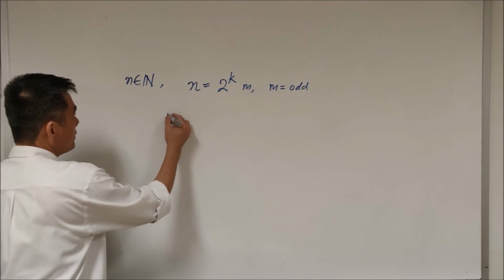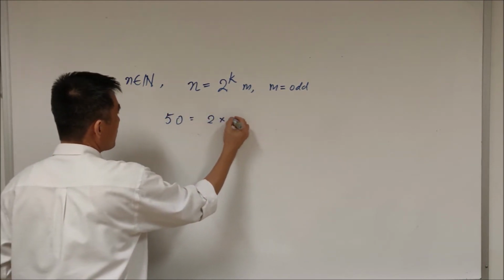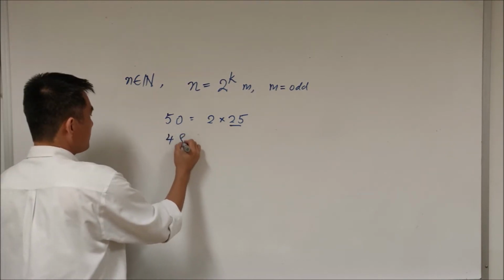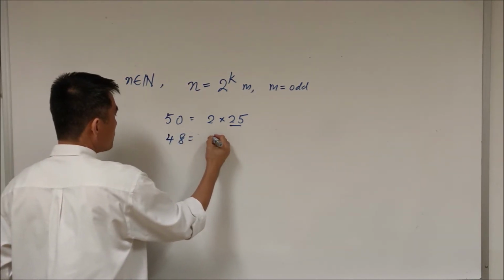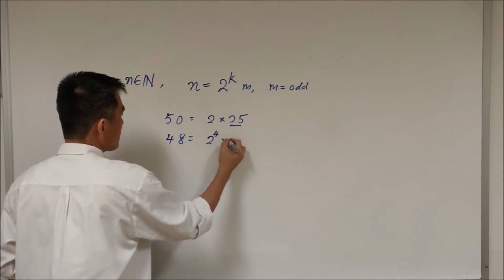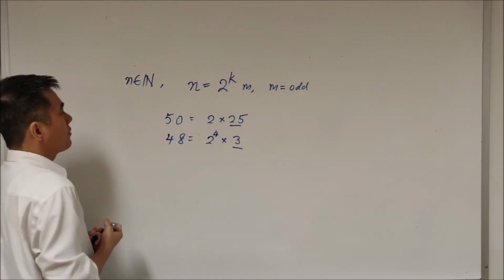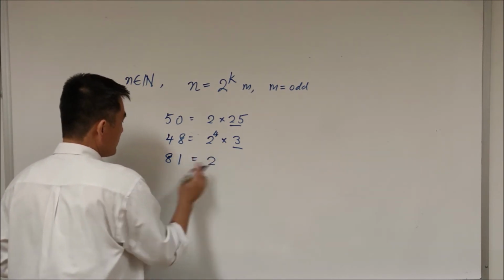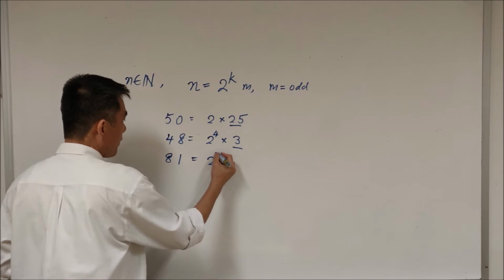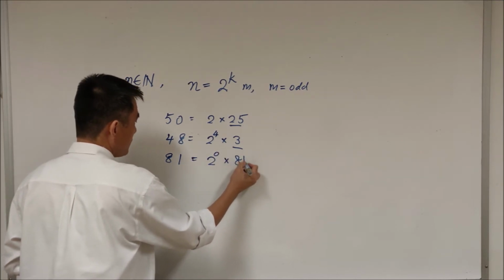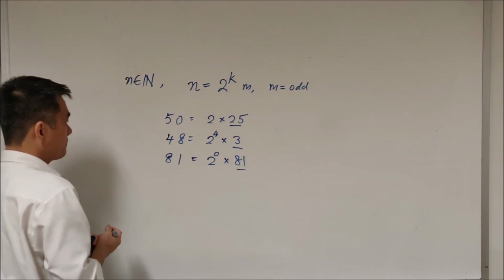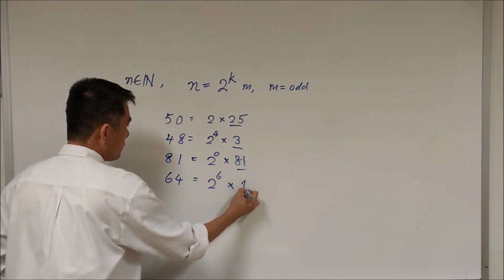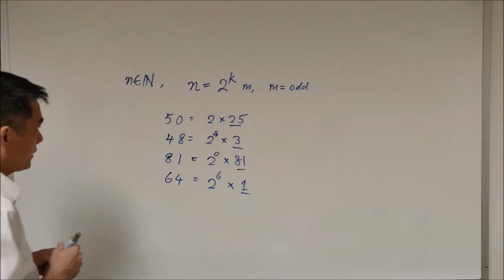For example, 50 is 2 times 25, and 25 is an odd number. 48 is equal to 2 to the power of 4 times 3, and 3 is an odd number. 81 itself is an odd number, so we say that 81 equals 2 to the power of 0 times 81. 64 is 2 to the power of 6 times 1, and 1 is an odd number.